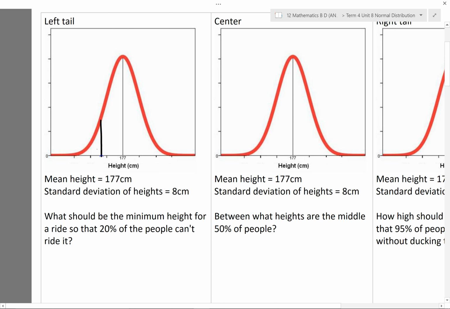So essentially, there's some value C such that the shaded area below it is 0.2. The probability that X is less than C is equal to 0.2.